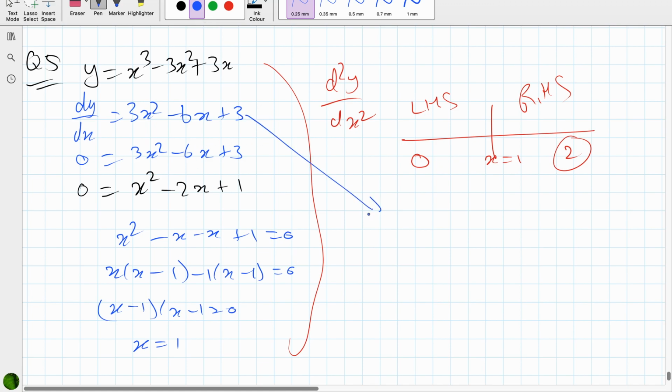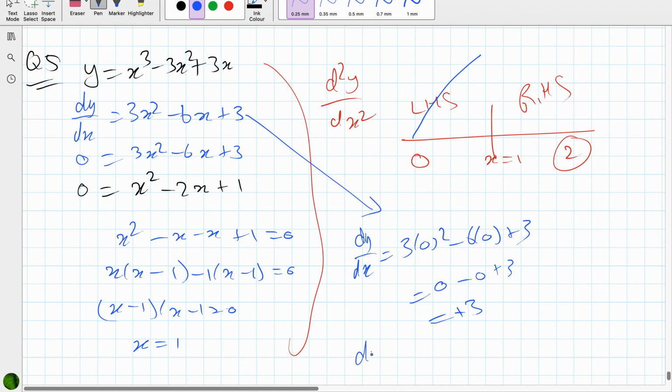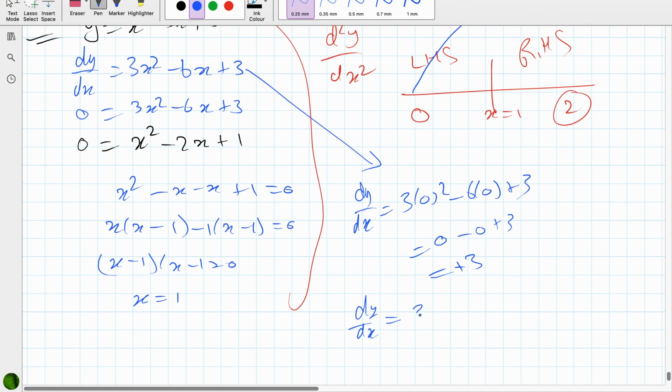So I am looking for the gradient, dy by dx equals 3 times 0 squared minus 6 times 0 plus 3. When x is 0, I see that the gradient is positive. The gradient is positive on this side, so it is an increasing function. And dy by dx equals 3x squared minus 6x plus 3 on the right hand side of the turning point, which is 2.